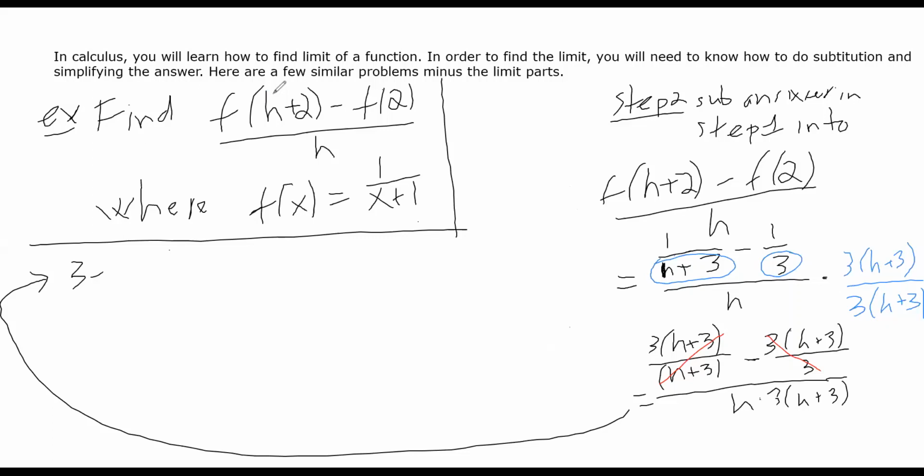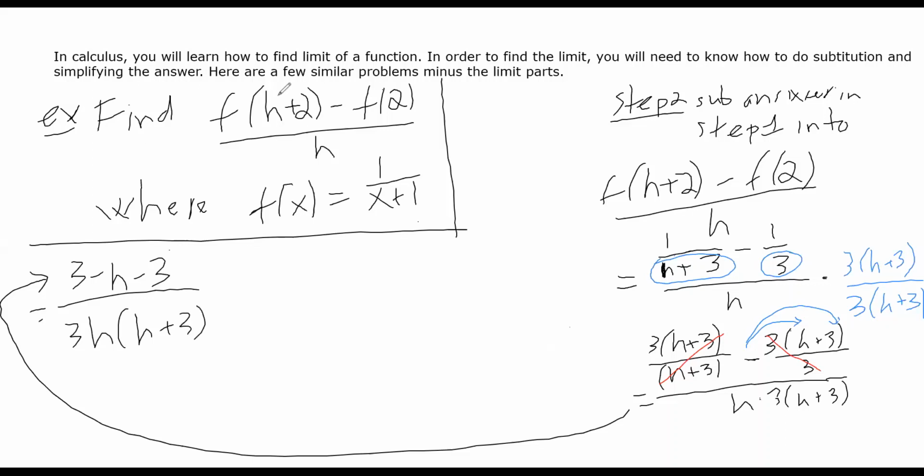You've got to distribute the negative here. Remember, you also distribute the negative here. Distribute it. Negative h over 3h plus 3.